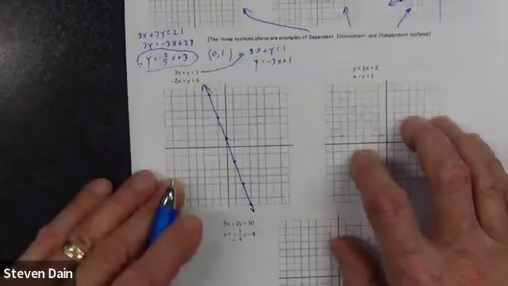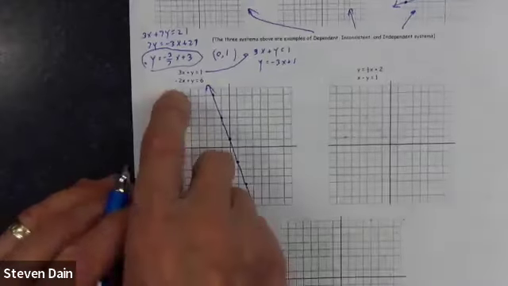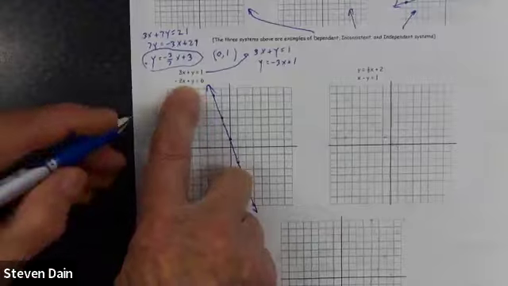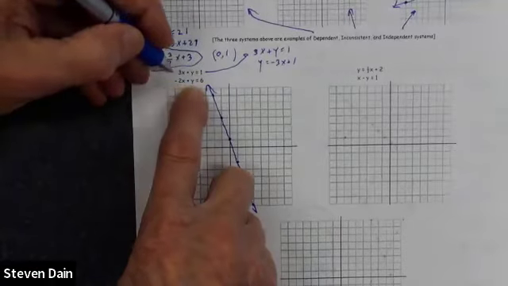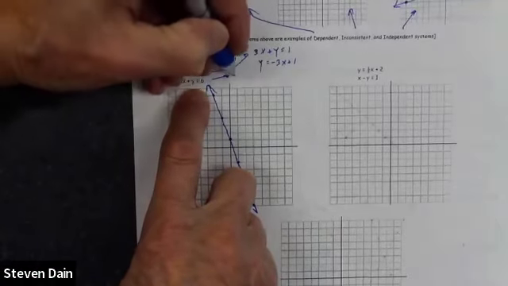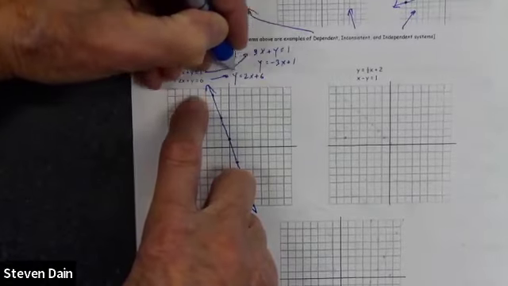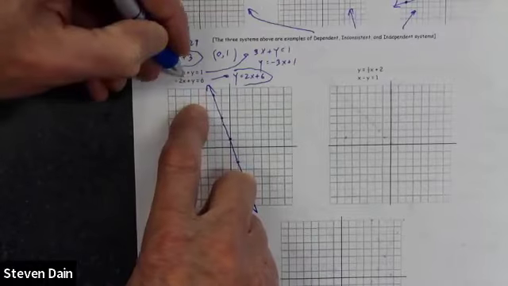Okay, what's happening with the other one? The other one I don't need to change to slope-intercept form, but you know what? It's so easy to do. Let me just add 2x to both sides of that, and then it'll say y equals 2x plus 6. Might as well, right?